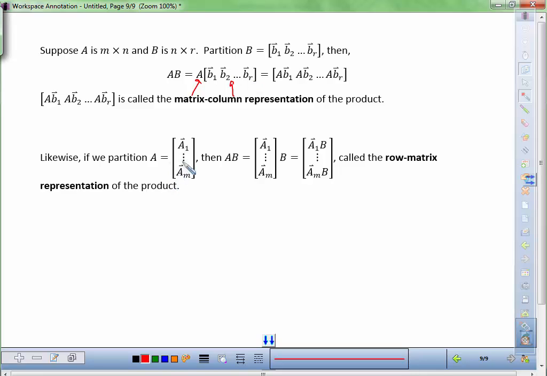On the other hand, if we partition A into row matrices, then AB is going to be row times matrix. So the row part is the first matrix, and the second part is the matrix. That's why it's called a row matrix representation.